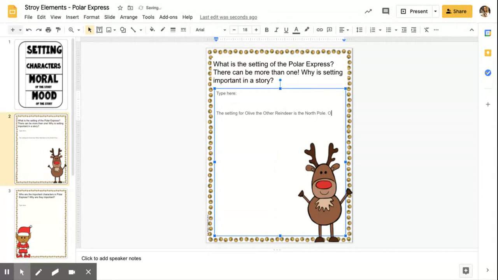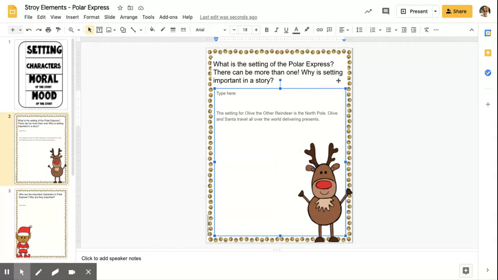And I would say Olive and Santa travel all over the world delivering presents. Oops. There we go. All right. So this is like what we said, there can be more than one. So I've answered where the story is actually taking place. And it says there can be more than one. So I've given my setting.